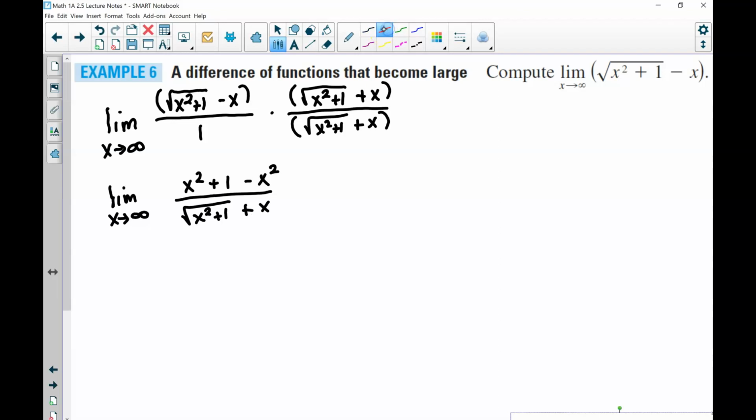Now we can see that when we combine like terms in our numerator, we end up with the limit as x approaches infinity of 1 over the square root of x squared plus 1 plus x.